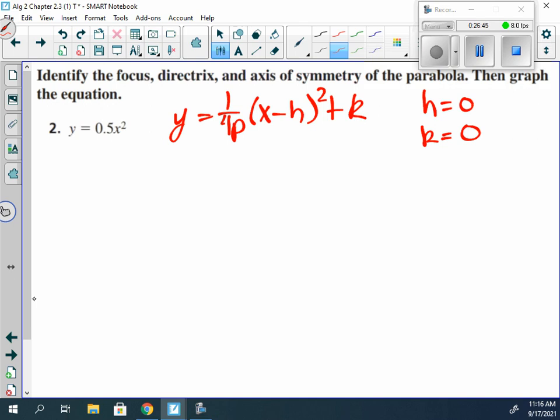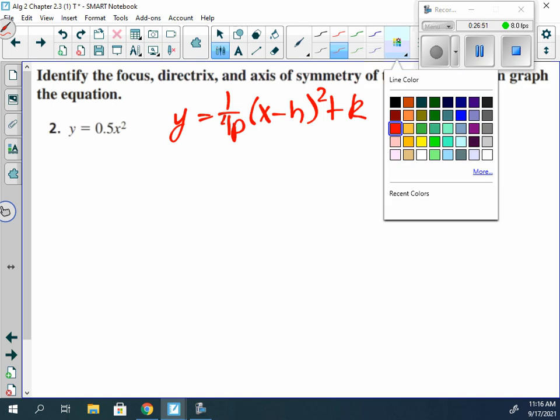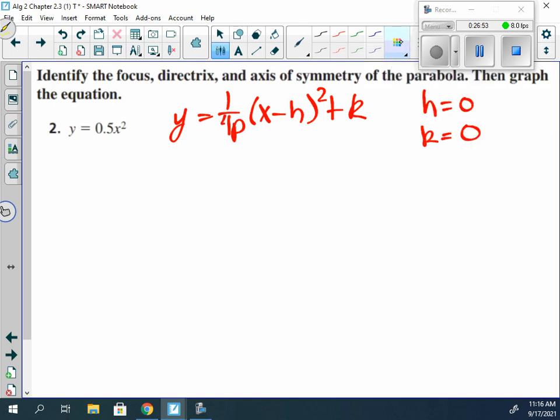The values of h and k are both 0, yes? So for this problem, h and k are both 0. So we're really just left with y is equal to 1 over 4p x squared, because h and k are both 0. Questions on this here?